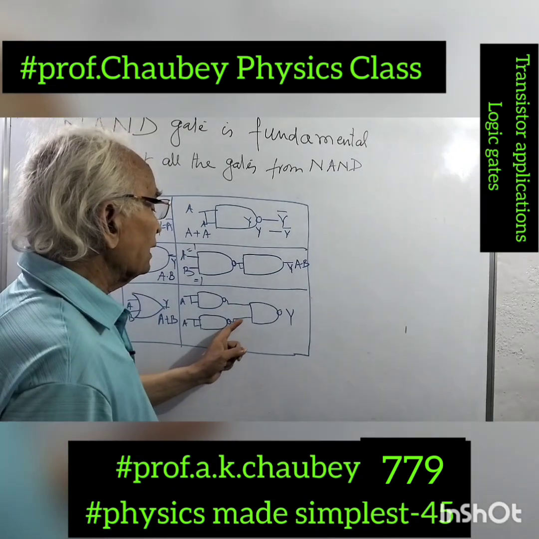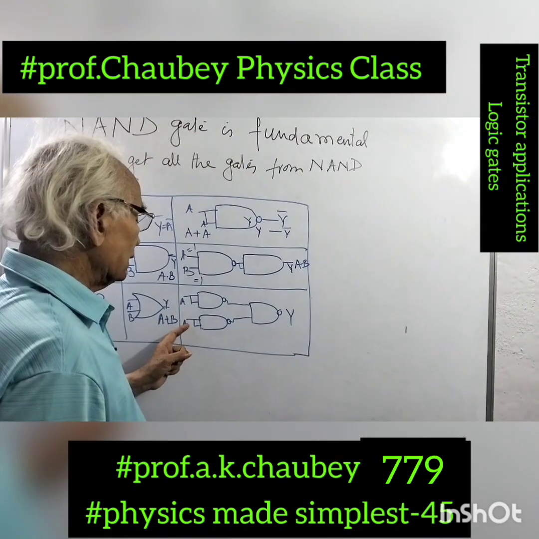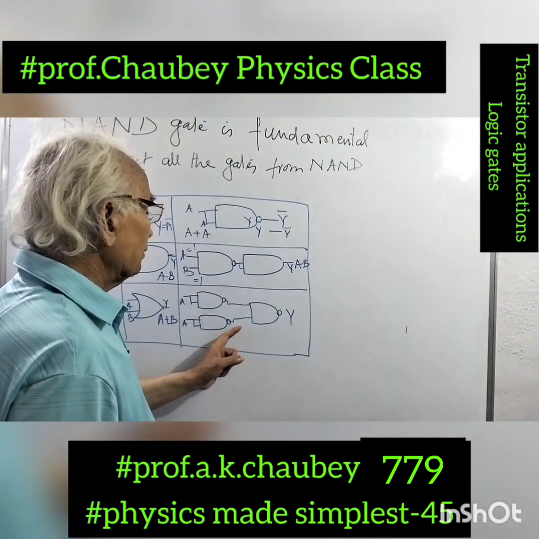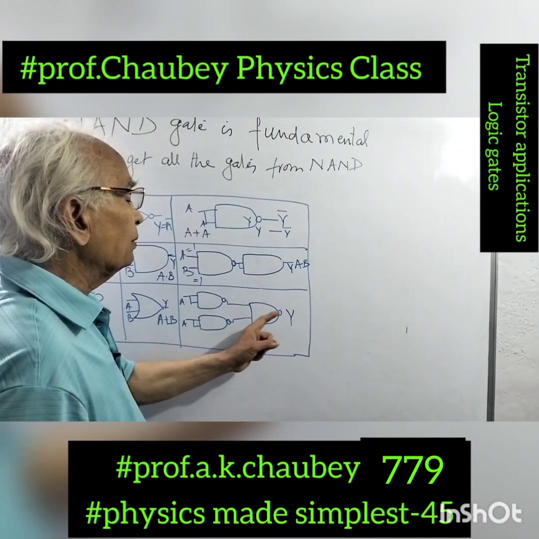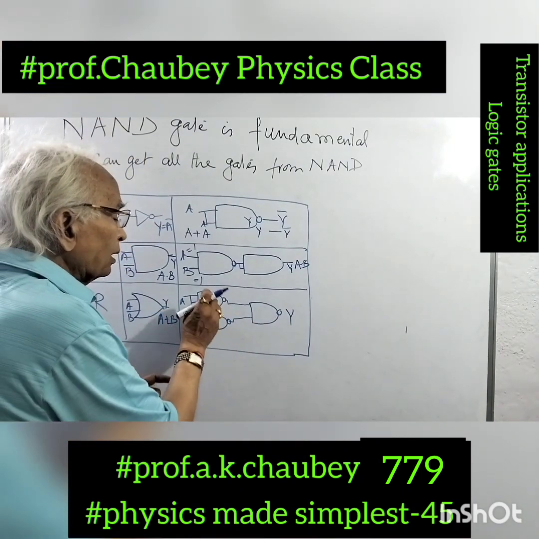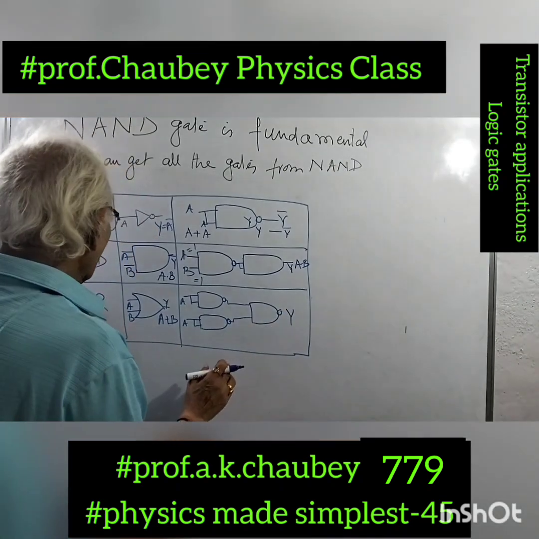So when nothing is there at either input, there is no output here. When A is there, we get output here, and this is the NAND gate, so there is one output. So this combination of two NOT gates and one NAND gate will give you an OR gate.